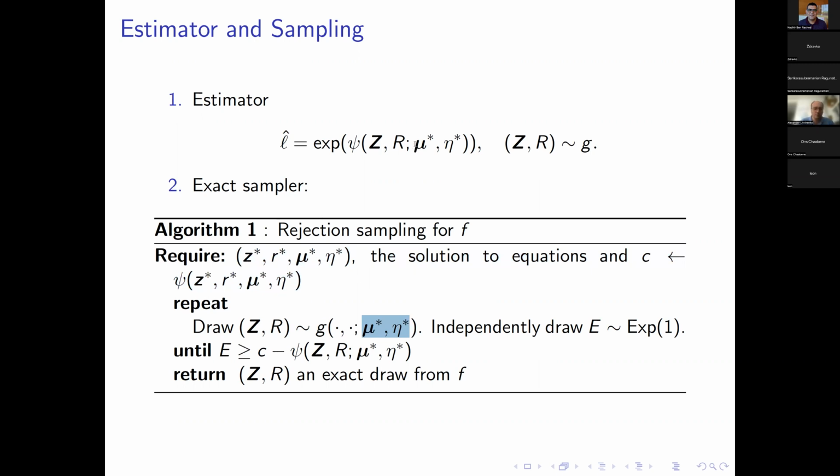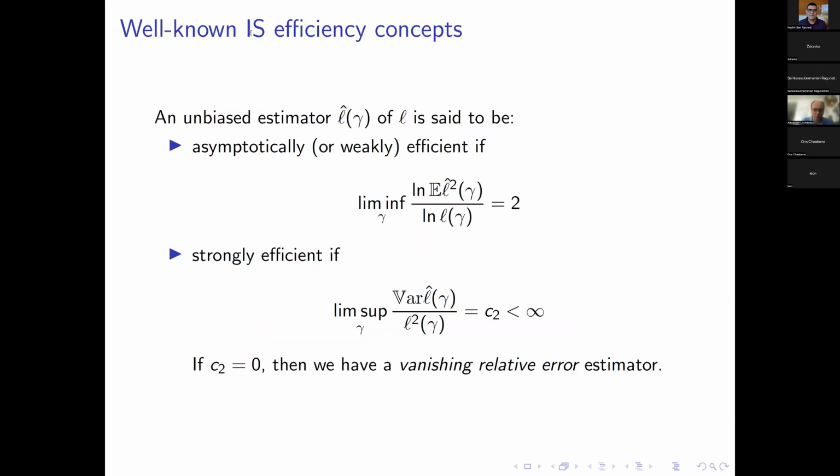So in what sense are these parameters mu star and eta star optimal? For importance sampling estimators, where you have a rare event, you have these concepts of efficiency. The weakest possible is asymptotic or weak efficiency, which basically says that, well, it is this condition here.